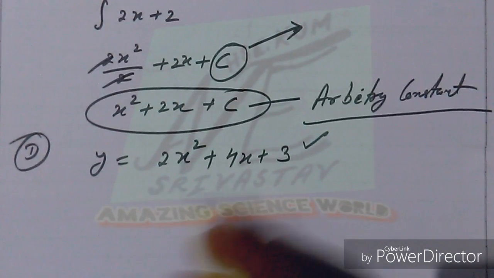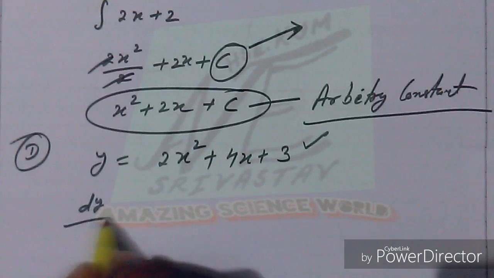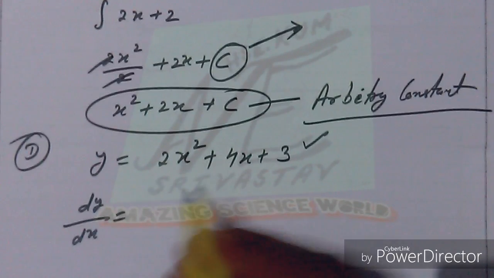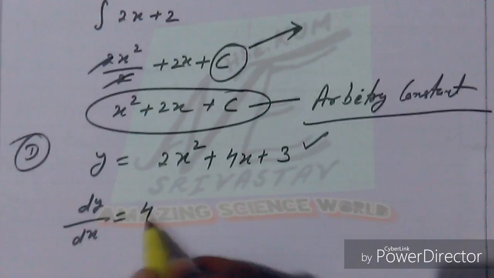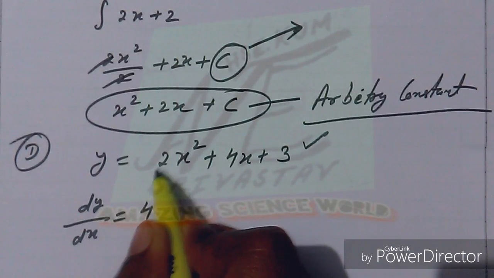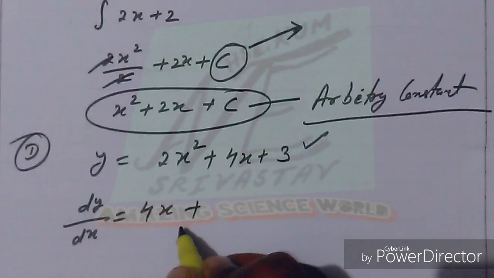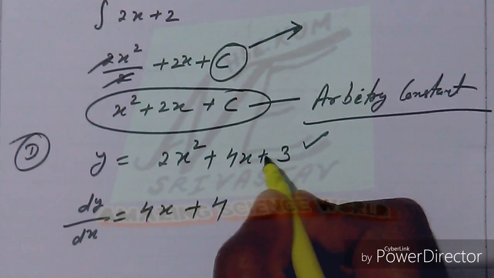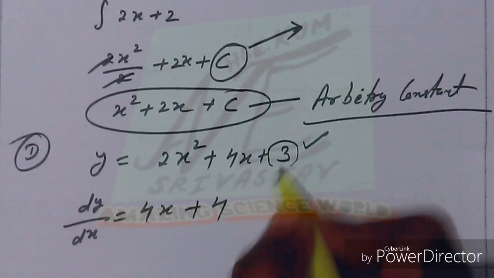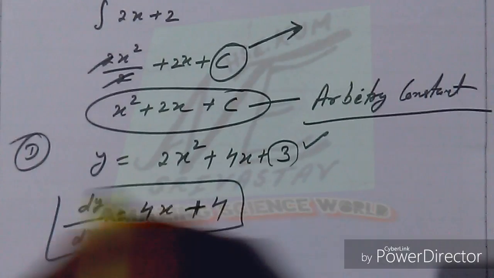First of all we differentiate it, then dy by dx. What will come? 4x, because the power comes in multiplication, 2 times 2x gives 4x, plus 4, and in the derivation the constant becomes 0, my friend. That is the result.